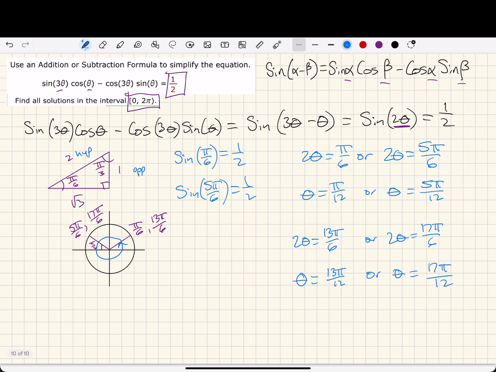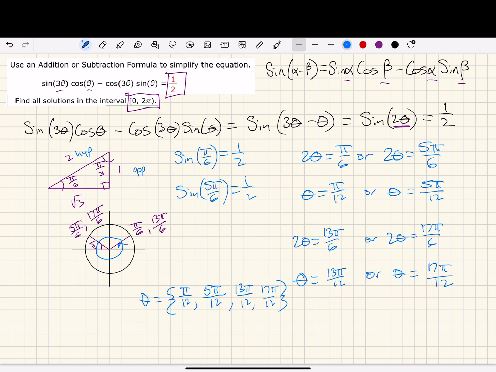So we have 4 angles that we have found, pi over 12, 5 pi over 12, 13 pi over 12, and 17 pi over 12 that would satisfy our original equation on the interval 0 to 2 pi.